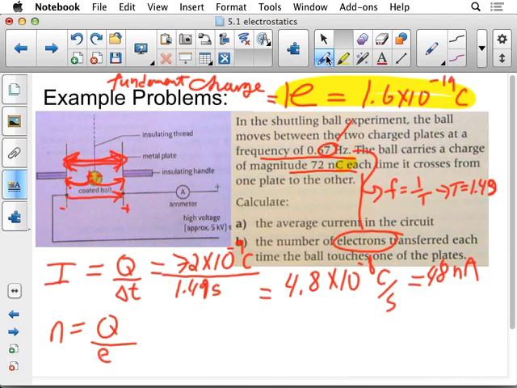So it's convenient. But the point is that right over here, the total number of charges equals the total charge, measured in coulombs, divided by the charge on one electron. So we have our number, 72 times 10 to the minus 9 coulombs divided by 1.6 times 10 to the minus 19 coulombs on an electron, and that should give us the answer for the number.